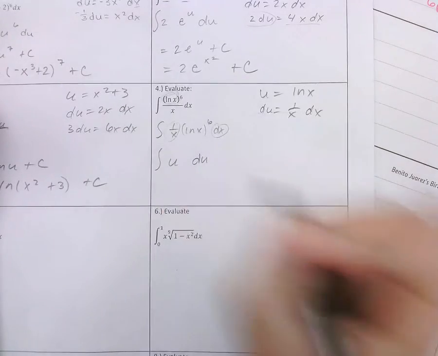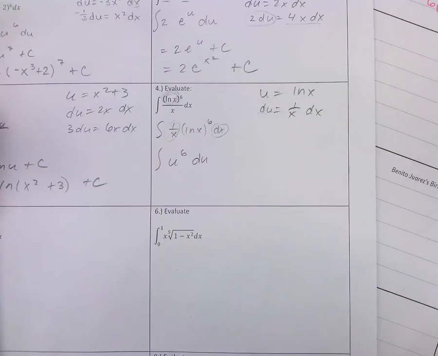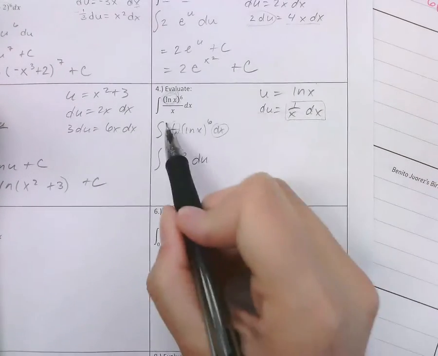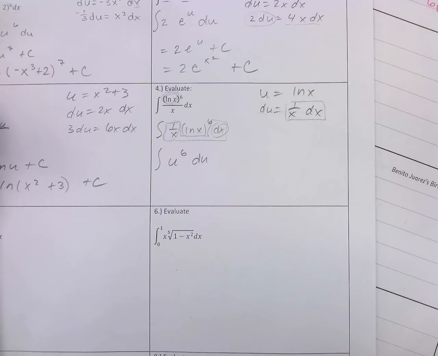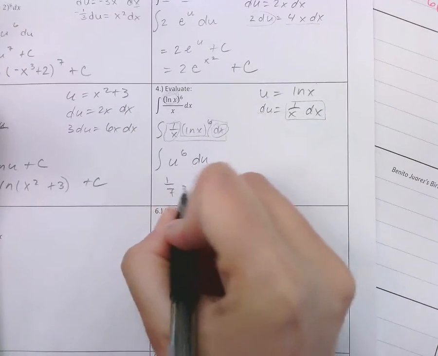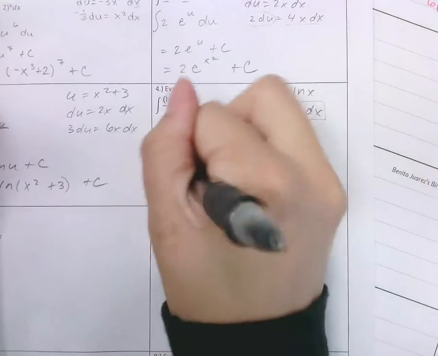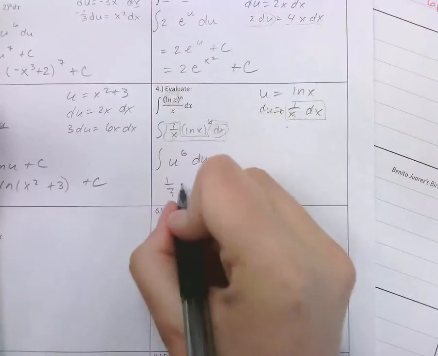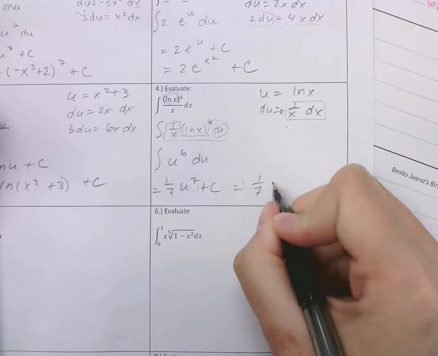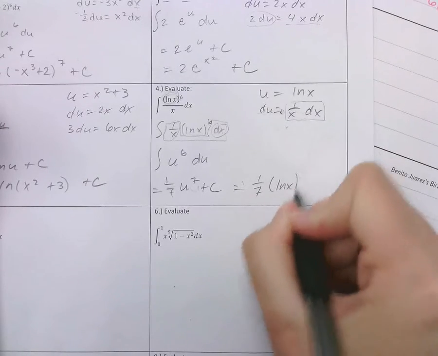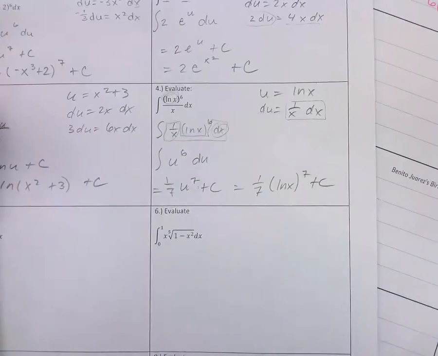So I'm going to have u to the 6th power times du. So all of this gets replaced by the du. There's no numerator, denominator, it's all just one thing. So we have 1/7 u to the 7th, which is 1/7 times the natural log of x to the 7th power plus c.